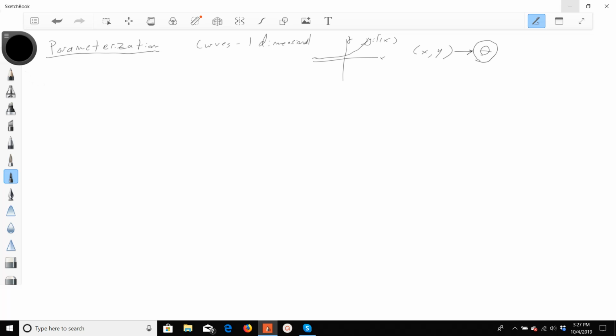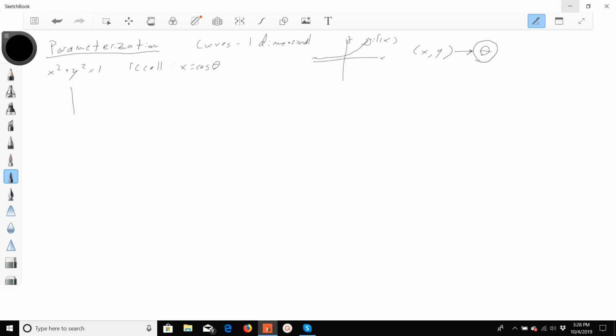And that's the clutch of the idea, that we only have one variable that we're working with. So let's consider a unit circle to begin with. Maybe x squared plus y squared is equal to 1. Now, we can describe the circle with one variable using trigonometry, right? You might recall x is equal to cosine theta.